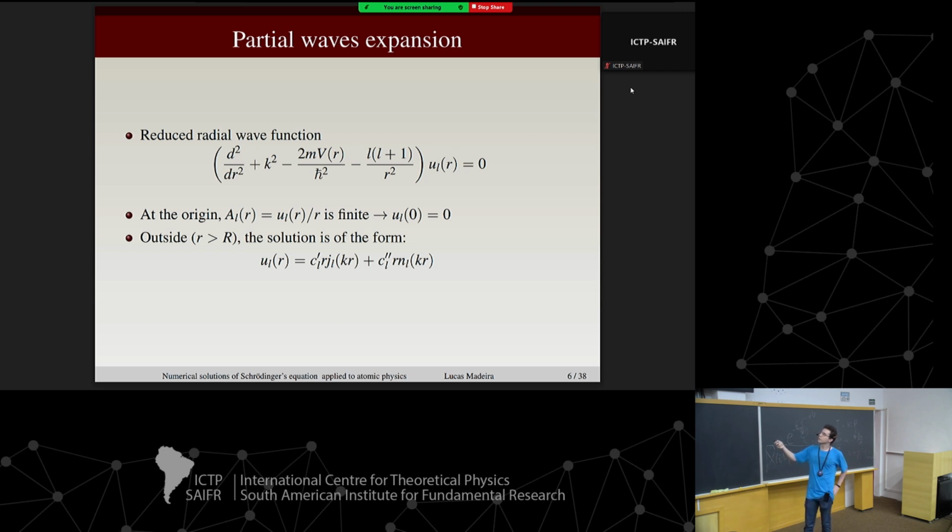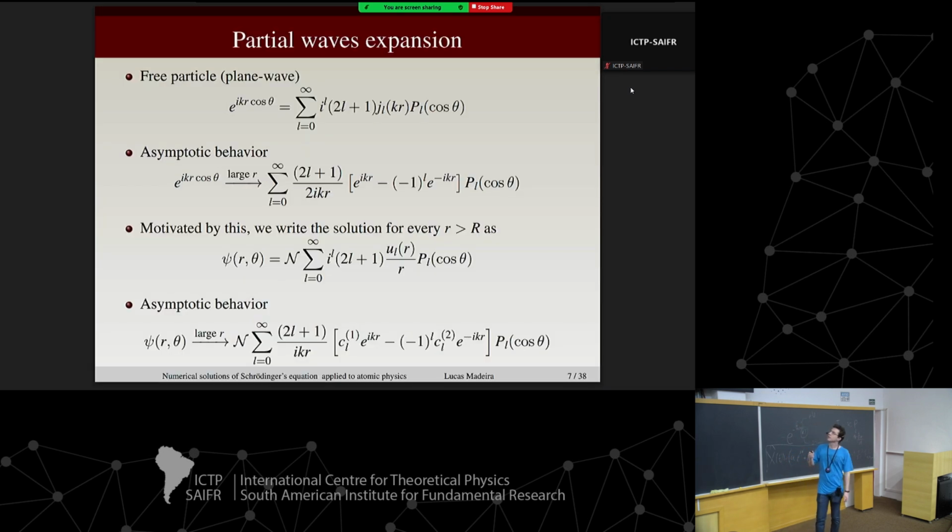Outside of the range of the potential, meaning V equals 0 outside of the range of the potential, I have a differential equation with solutions given by a linear combination of spherical Bessel functions of the first kind and second kind. It's a second order differential equation, so I have two constants that I need to determine. Right? Something new here? No, right?